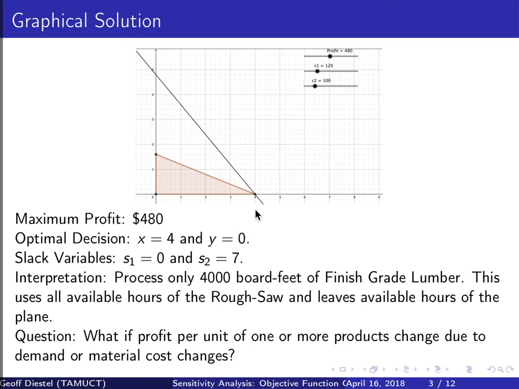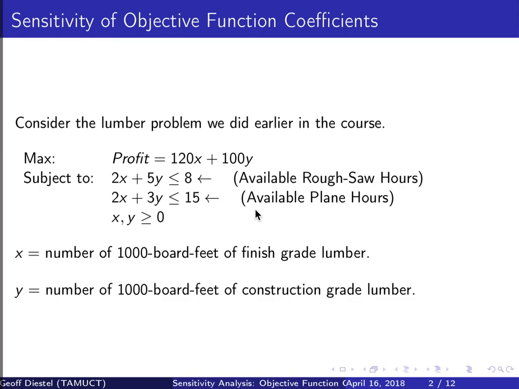Now, if we go back to the problem and look at what that solution means, from thinking about what we did in our simplex method, if x is 4 in the first inequality, then it actually is met as an equality. We would have 8 plus 0 equals 8. So all of those resources of the rough saw hours are being used. And the second inequality, 8 plus 0 is 8 still, but that's less than 15.